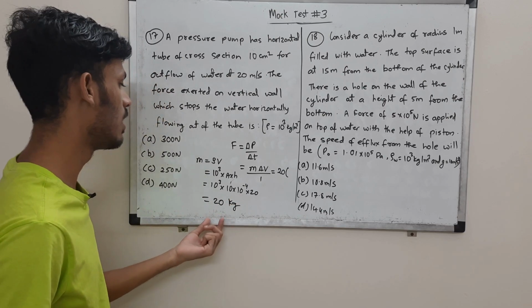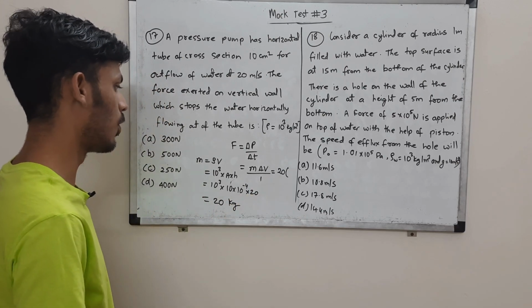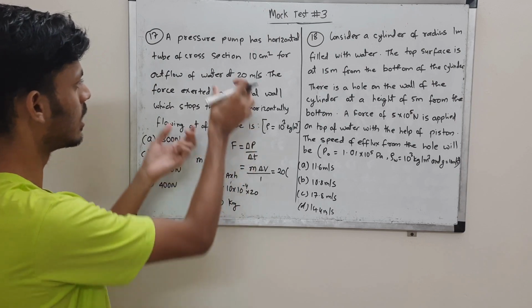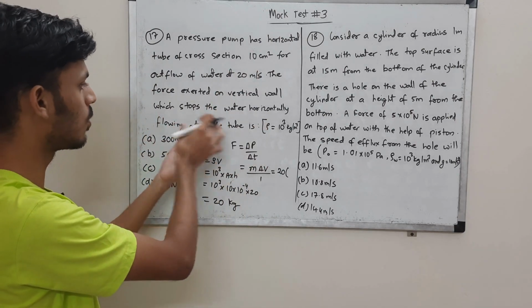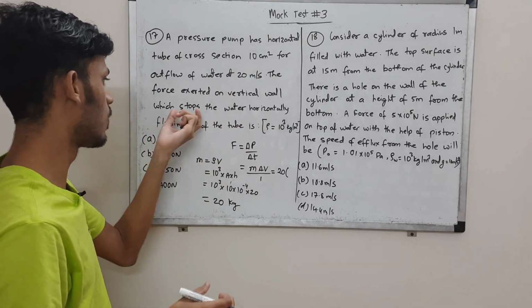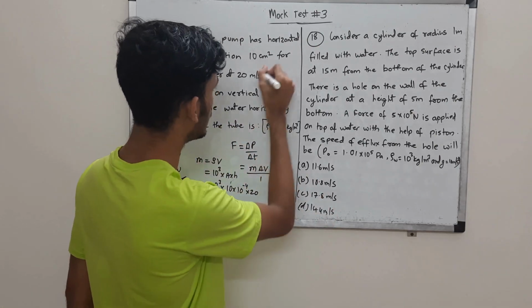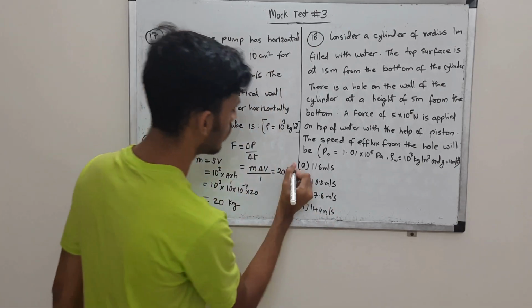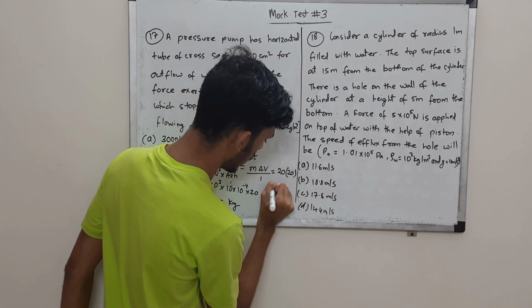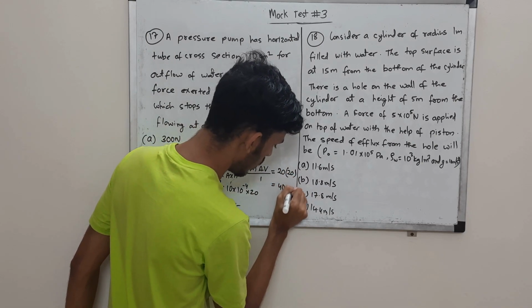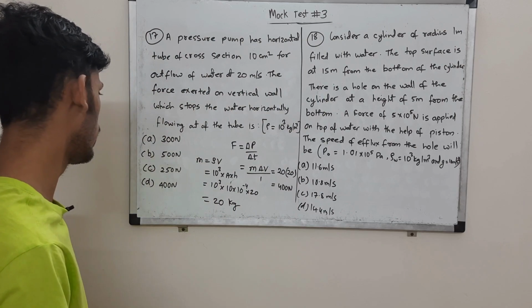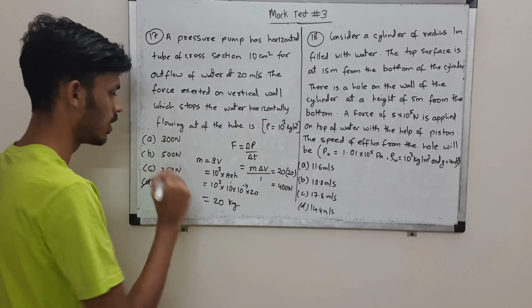What will be the change in velocity? The water stops after hitting the wall, so the change in velocity is from 20 to 0, basically 20. So the force on the wall is 400 newtons, option D.